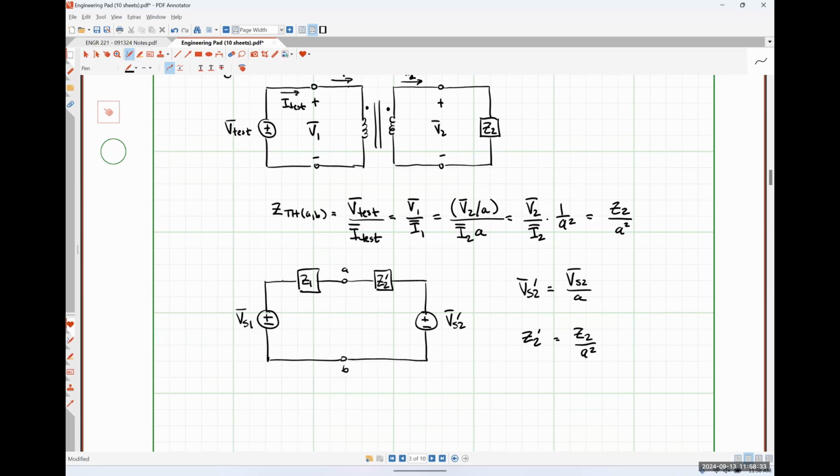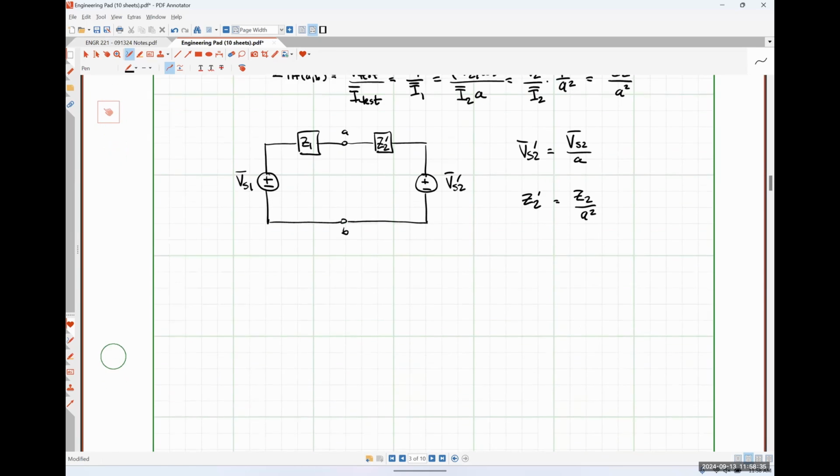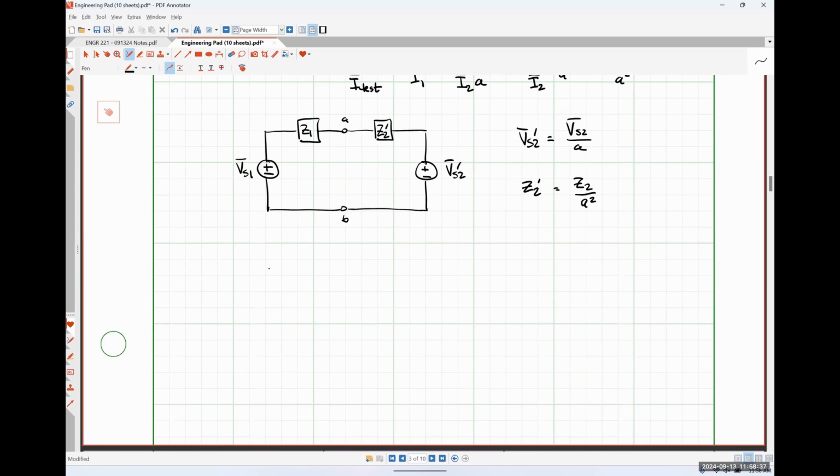And just to spell it out super obviously, going the opposite direction, we would have VS1 double prime in series with Z1 double prime.